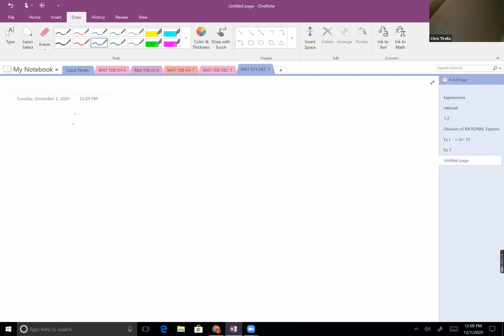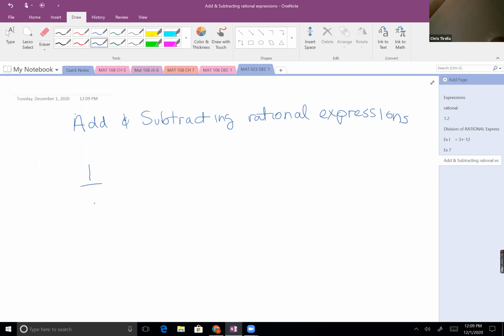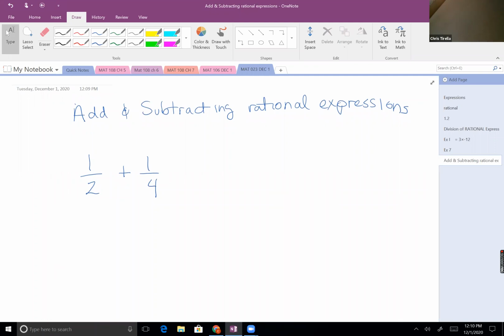So let's start by just looking at the idea of adding and subtracting rational expressions. And I want to think of fractions first. If I have 1/2 plus 1/4, we'll start with a pretty simple fraction problem.